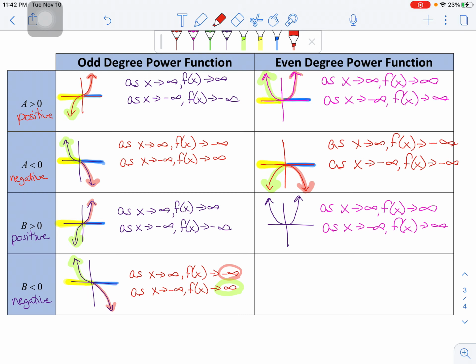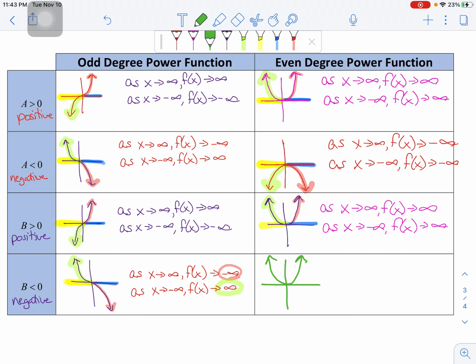So your curve in both cases is increasing to infinity for x approaching positive infinity. For x approaching negative infinity, we've got, again, positive infinity.